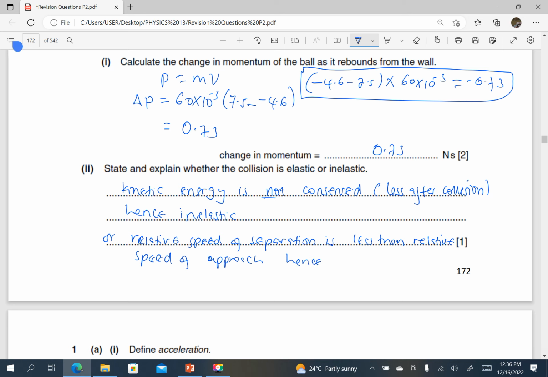Hence, inelastic. The speed of separation was 4.6. The speed of approach was, what was the speed of approach? 7.5 in the horizontal. So the relative speed of separation is not the same. It is less than the relative speed of approach, so inelastic. So that is another way of thinking about it.